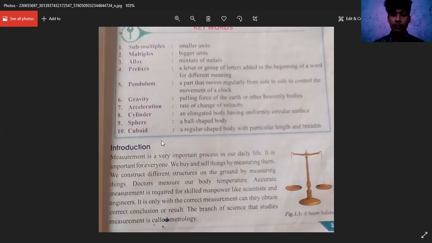Right? For making that also, measurement is used. It is very important for everyone, and it is needed for everyday life. Right? No day will go without measurement in your life.